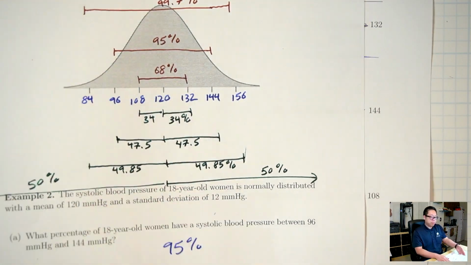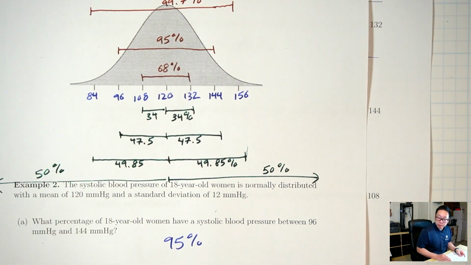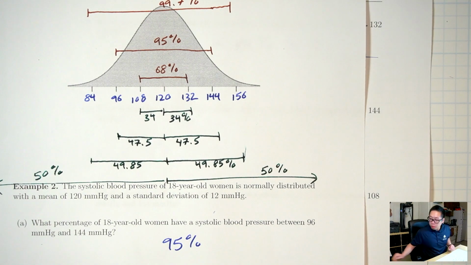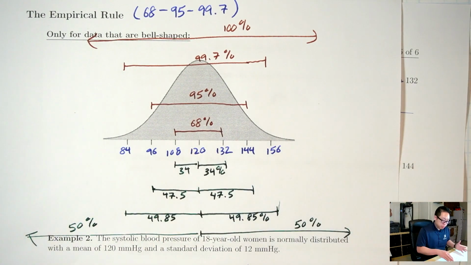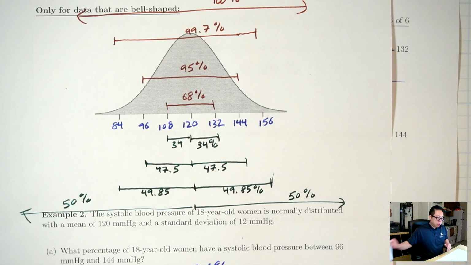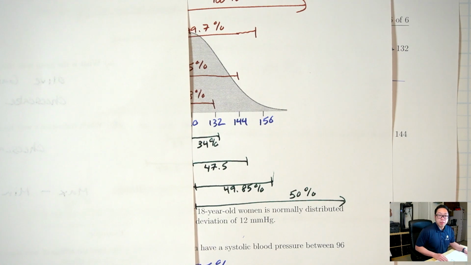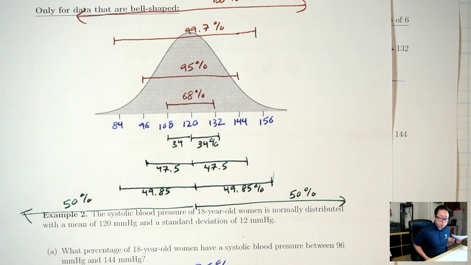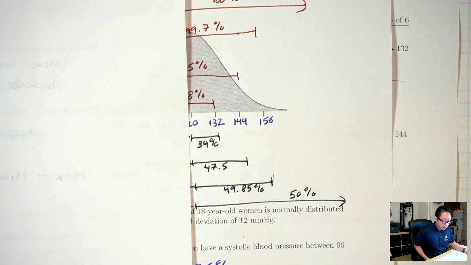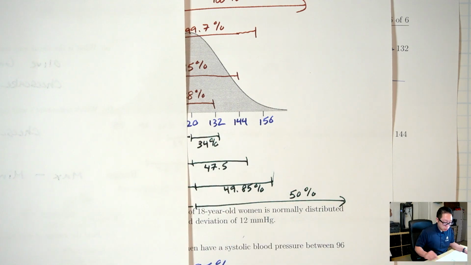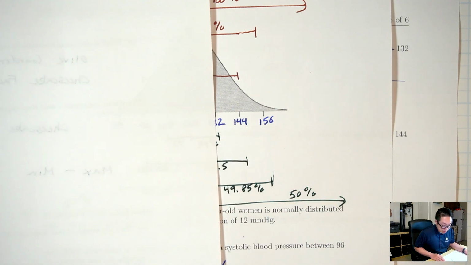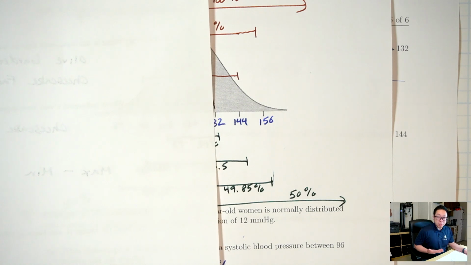Now, question is, do you add or do you subtract? So one way to think about it is the entire picture is 100%. Half the picture is 50%, right? So if I want 132 all the way to the right, that's that picture, which is less than 50%.